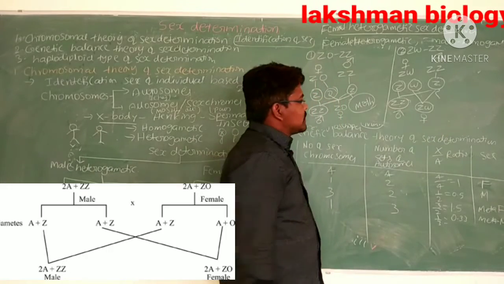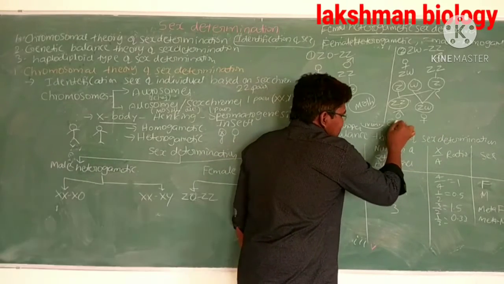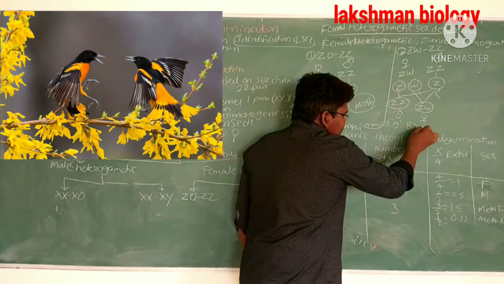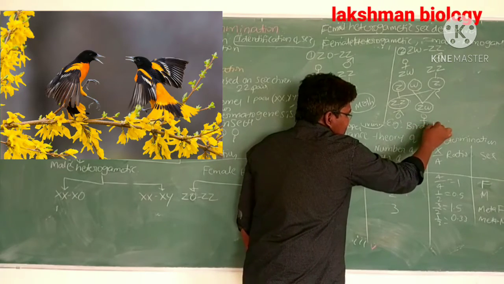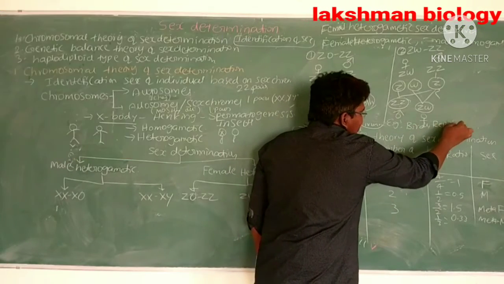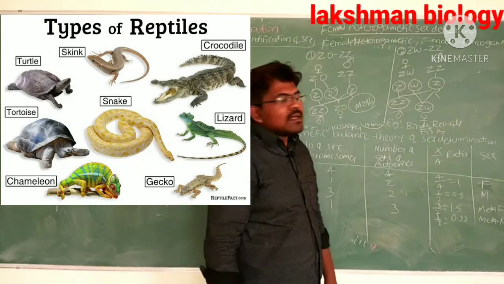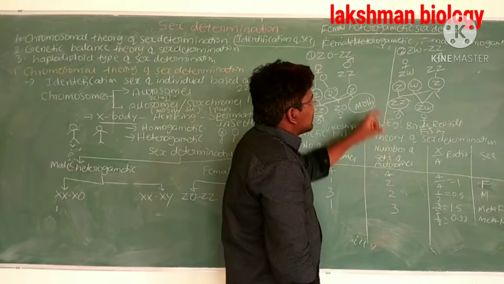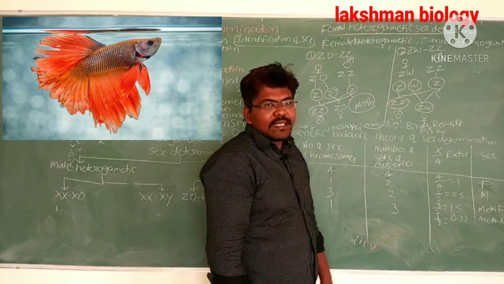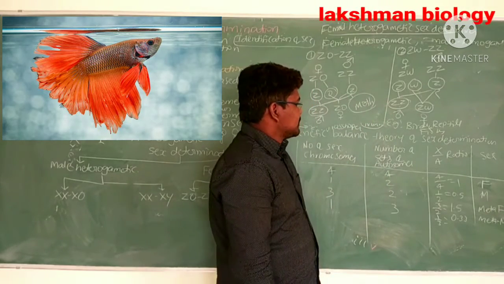This type of sex determination we can see in birds, reptiles, and fishes. Those are examples for the ZW-ZZ type.